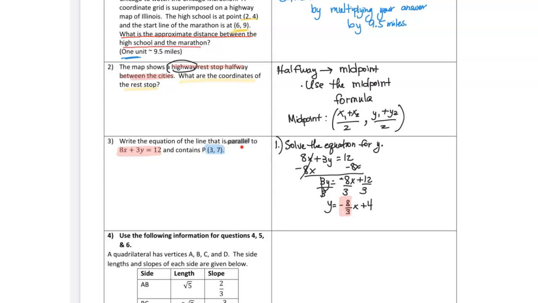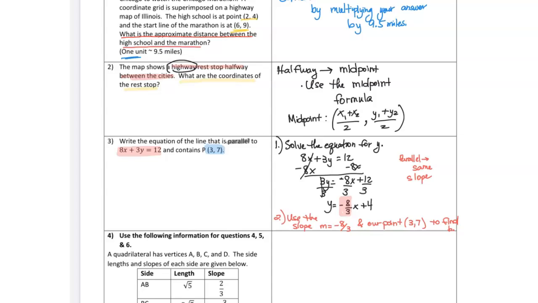Thinking about the word parallel means that we have the same slope. So we're going to use the slope, which is m equals negative 8 over 3, and our point (3, 7) to find our b value.